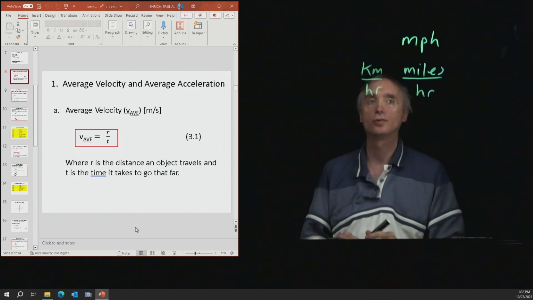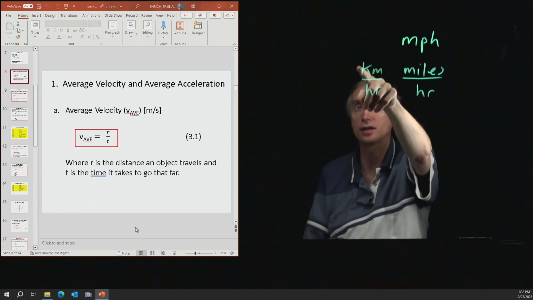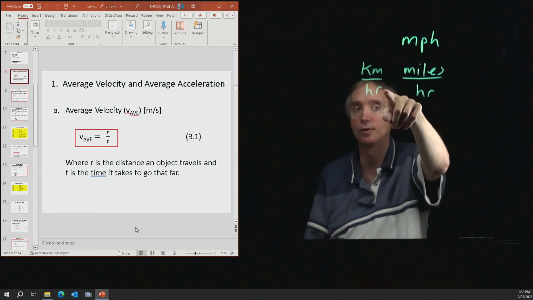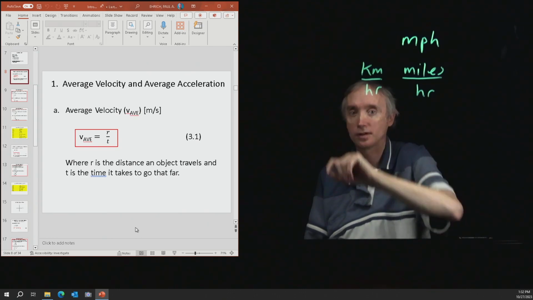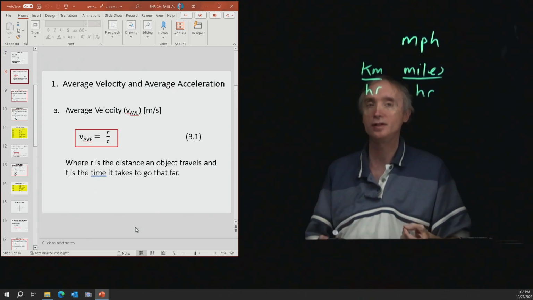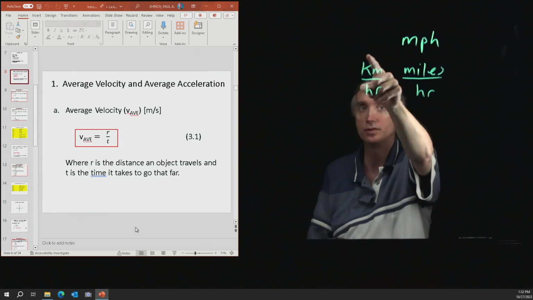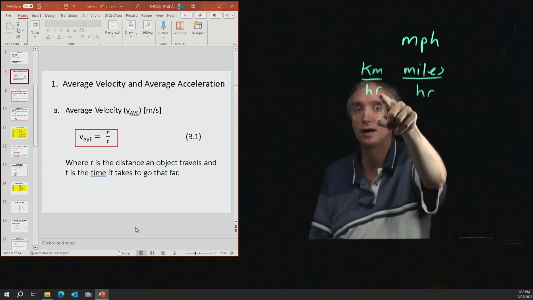And so what does it mean to say that you're going at, let's say, 60 kilometers per hour? Well, that means that in 1 hour, you could travel 60 kilometers. So just by looking at the units, you can see that the formula for speed is going to have something to do with distance, and then something to do with time.